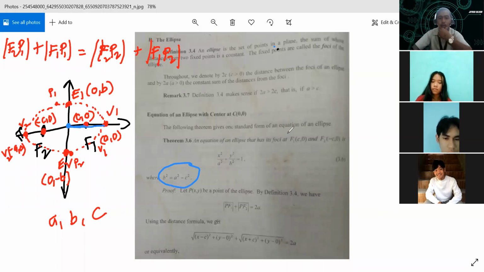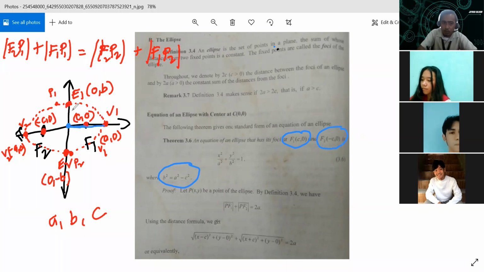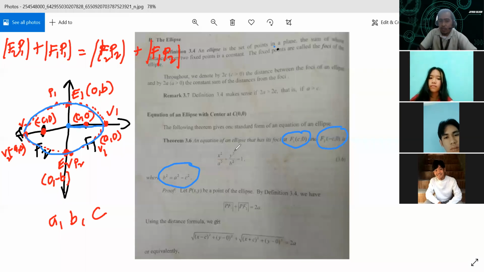And by the way, there is a theorem that states that if focus 1 is at (c, 0) and focus 2 is at (negative c, 0), just like what I presented on the left side, then this ellipse in blue will have an equation of x squared over a squared plus y squared over b squared equals 1.